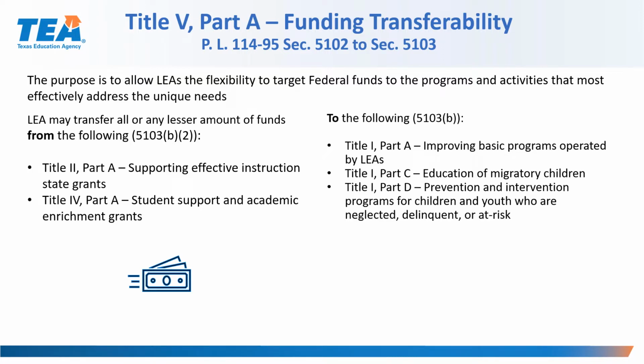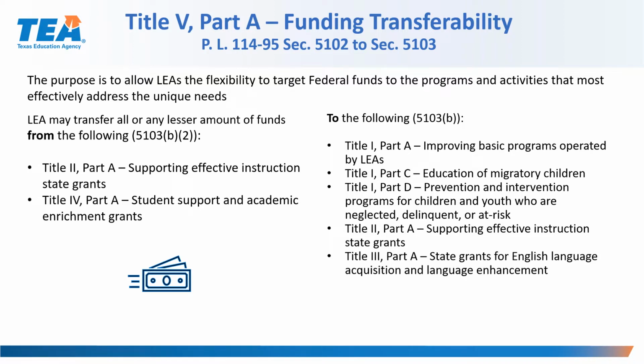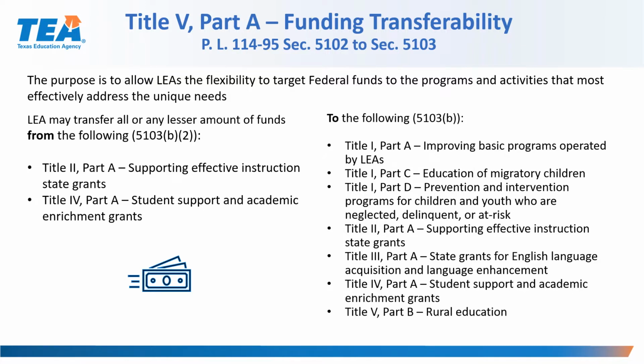Title I Part D, the Prevention and Intervention Programs for Children and Youth who are neglected, delinquent, or at risk, Title II Part A, Supporting Effective Instruction State Grants, Title III Part A, State Grants for English Language Acquisition and Language Enhancement, Title IV Part A, Student Support and Academic Enrichment Grants, and Title V Part B, Rural Education.